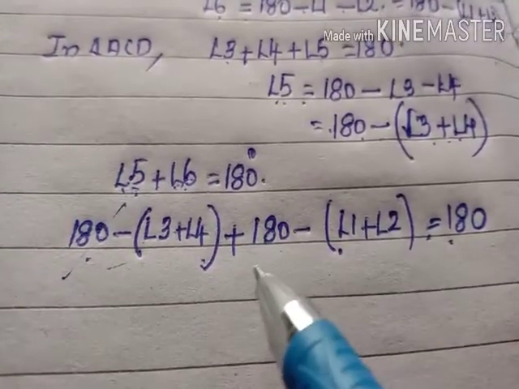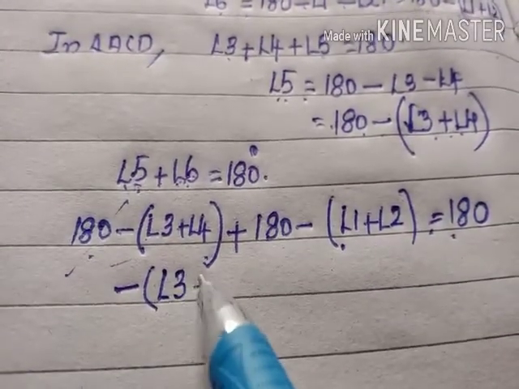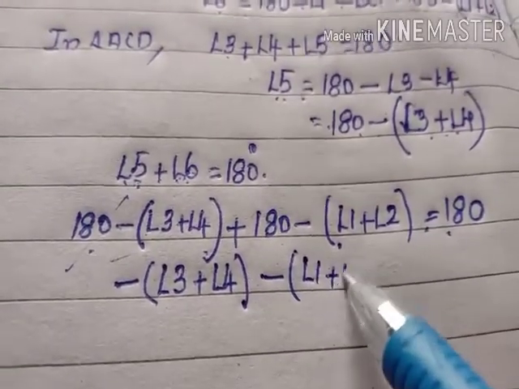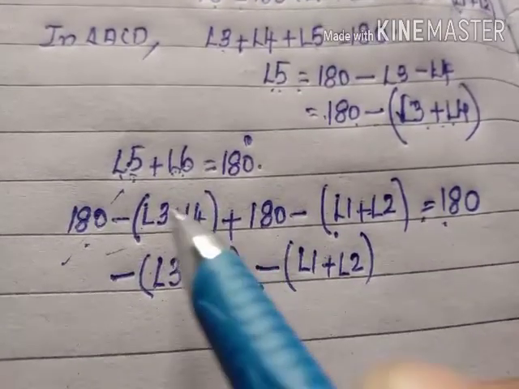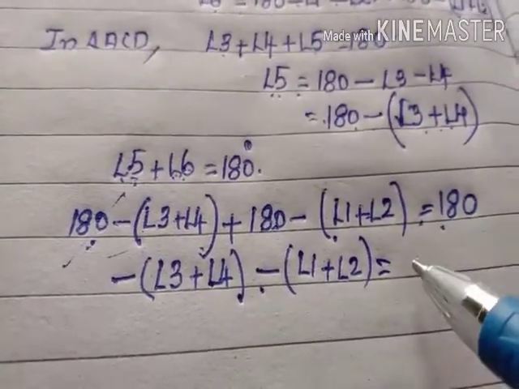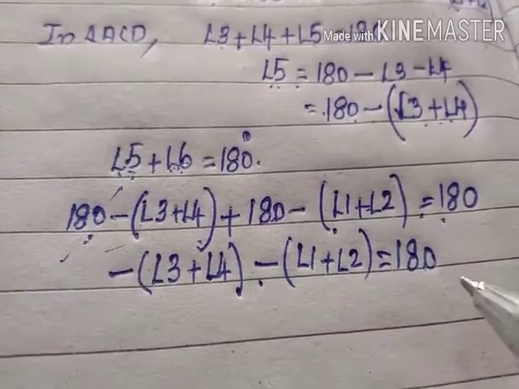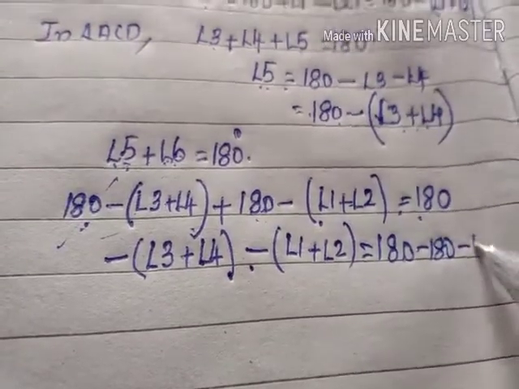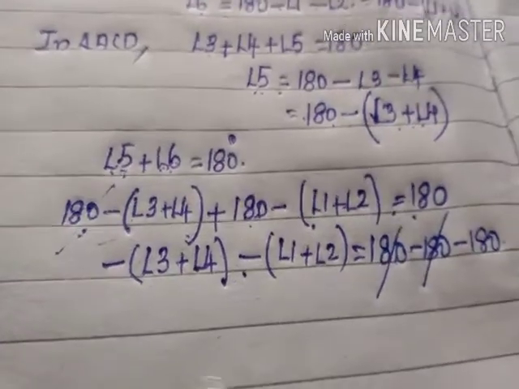So here I am going to take 180 to the other side. So minus of angle 3 plus angle 4, minus of angle 1 plus angle 2, on the LHS equal to 180 taken to the other side. Plus 180 becomes minus 180. Again plus 180 becomes minus 180. Now we can cancel 180 and minus 180.